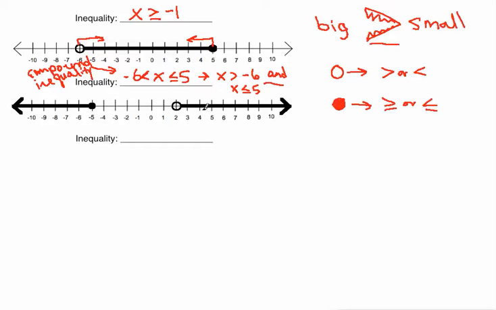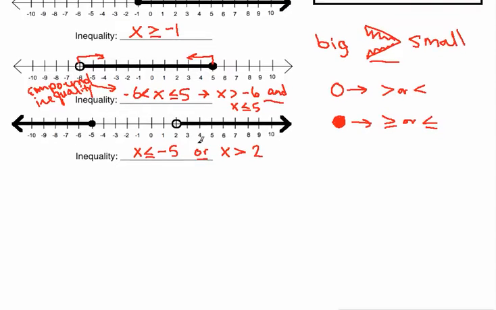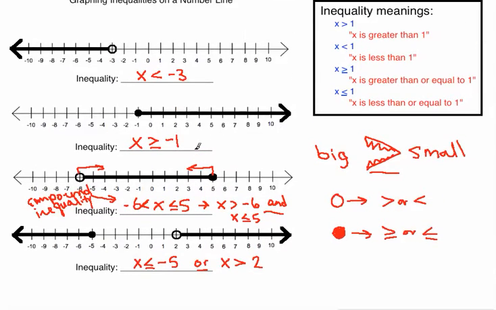There's no number you can pick that is going to be both of those things. So when you write these, you're going to say x is less than or equal to -5, or, because it can't be both, x is greater than 2. That's also called a compound inequality.